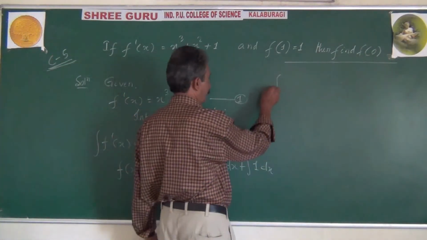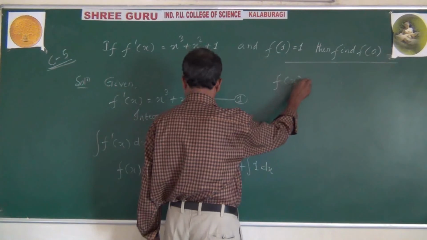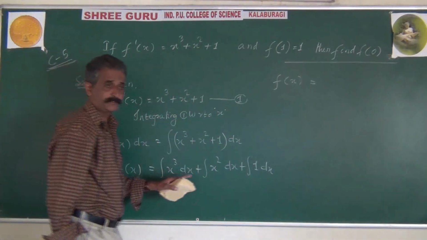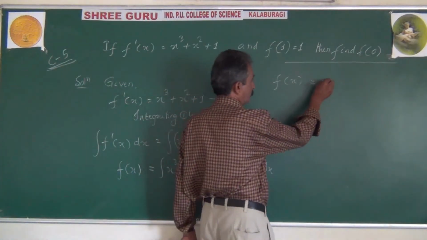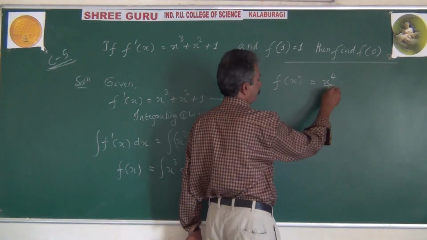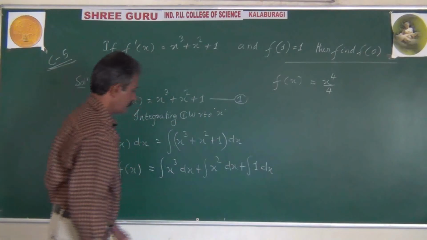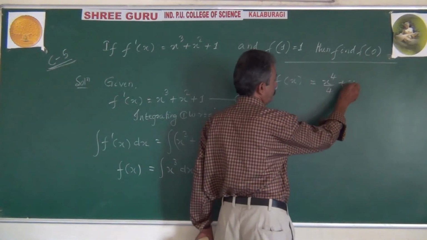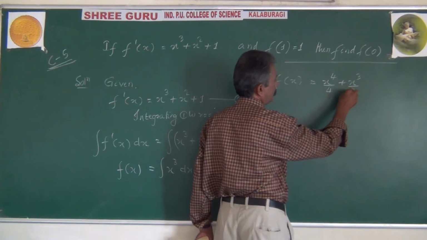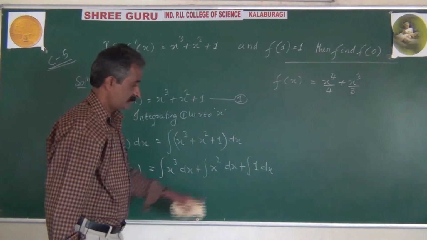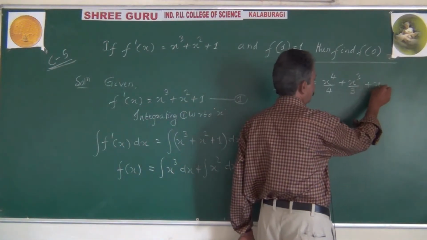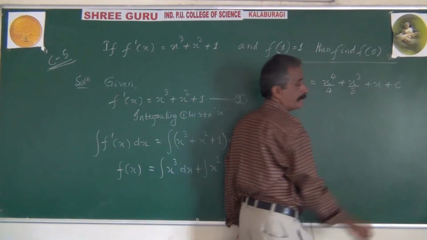Now, f of x equals, on the right hand side, how much is integration of x cube? X power 4 by 4. Integration of x square, x cube divided by 3. Whereas integration of 1 will be x plus constant c.